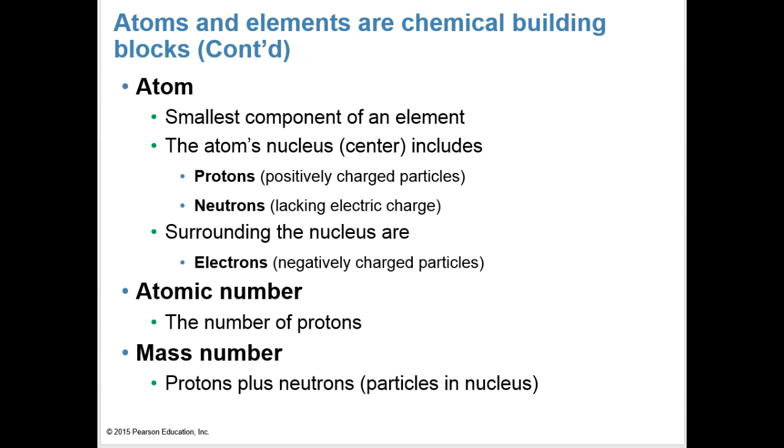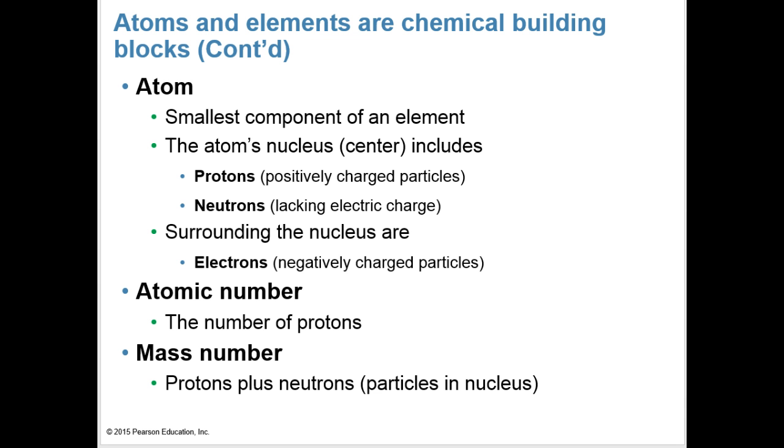Surrounding the nucleus are electrons, which are negatively charged particles that are in motion around the nucleus in what are called energy levels. The atomic number, also used to number elements on the periodic table, is the number of protons. The mass number is the protons plus the neutrons, sometimes also called the atomic mass.